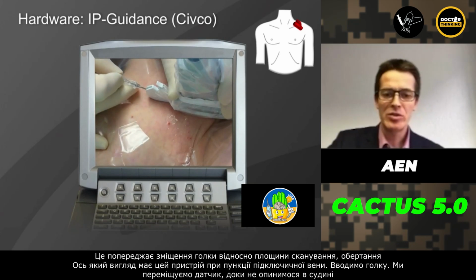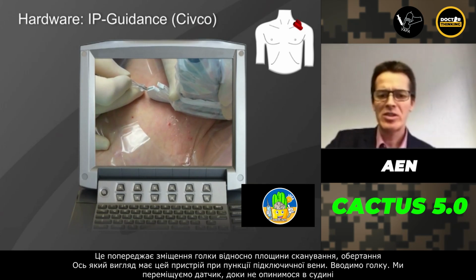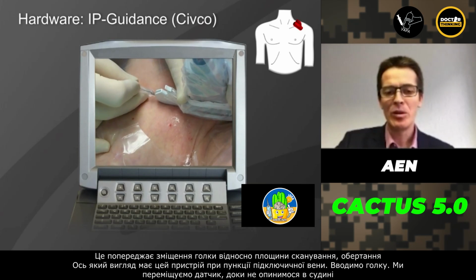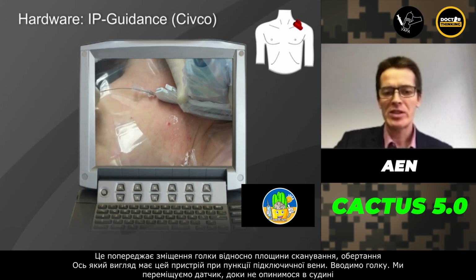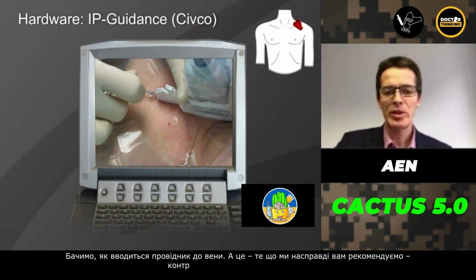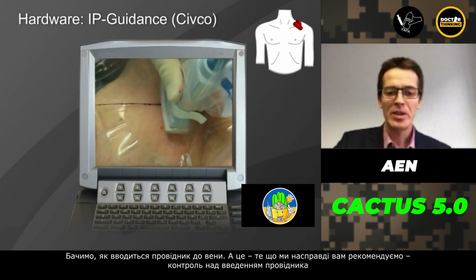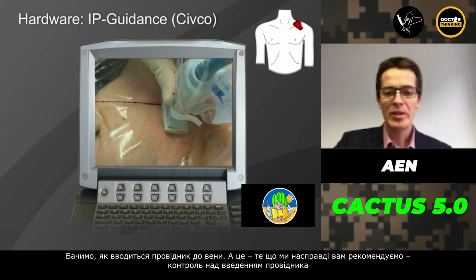The needle is inserted, and you see here that the needle is just slightly too short. So we move the probe away a tiny little bit until we safely get into the vessel. And here you see the technique how to pre-position the guide wire and very cautiously insert it into the vessel.